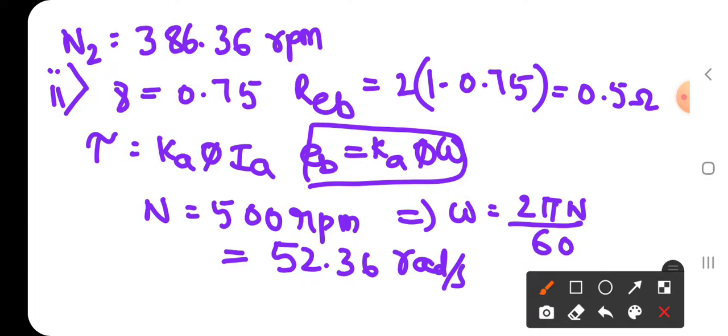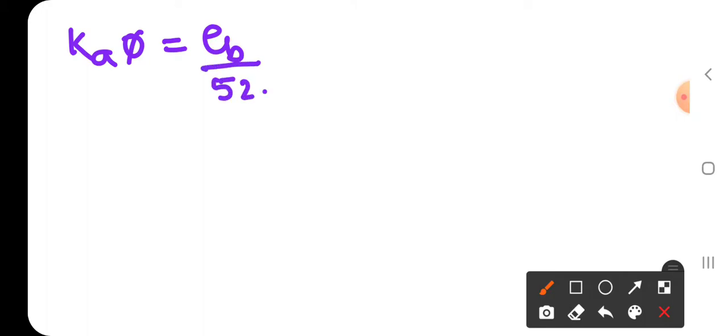Ka phi is equal to Eb by omega, and omega is 52.36. Now by using this relation we can get the value of Ka phi for the values which are given for the OCC.